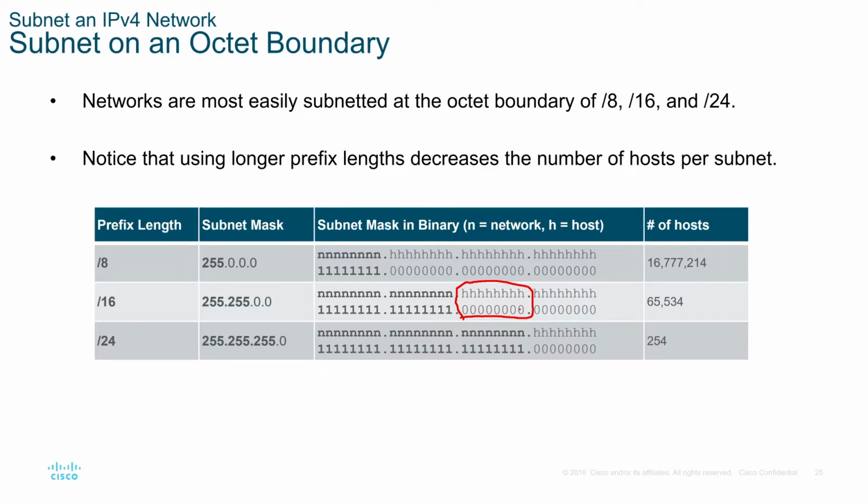And we would use the third octet to identify which network, such as 0 or 1 or 2. Each subnet, because now only the last octet would be available for hosts, would have 254 hosts.